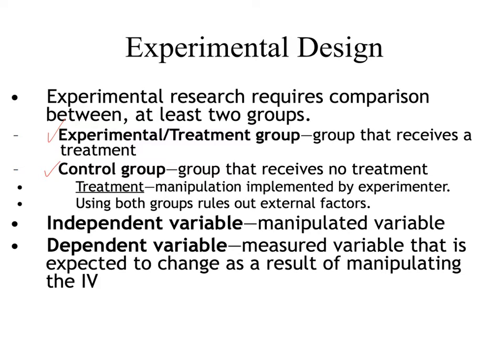So for example, if I were to hypothesize that the brighter the room, the higher the test score would be, then this group here would receive a higher lighting setting, a brighter setting. The control group would receive no treatment, meaning they would be testing in a room that is lit up to the average level.